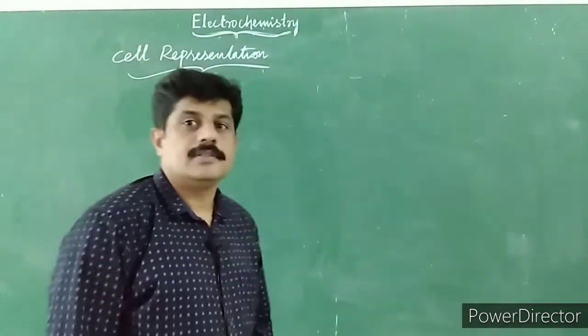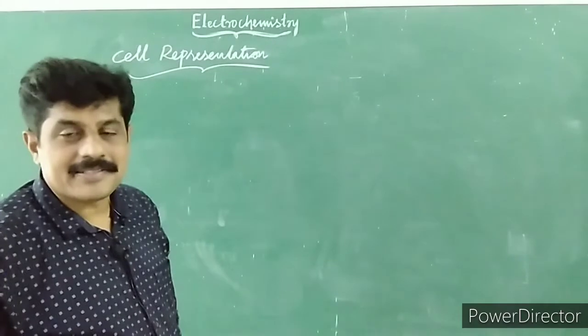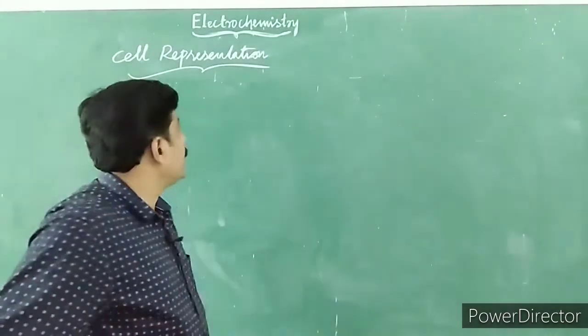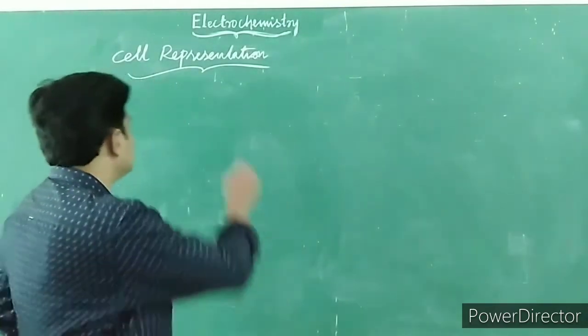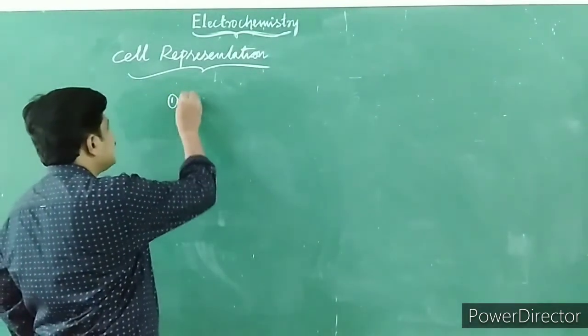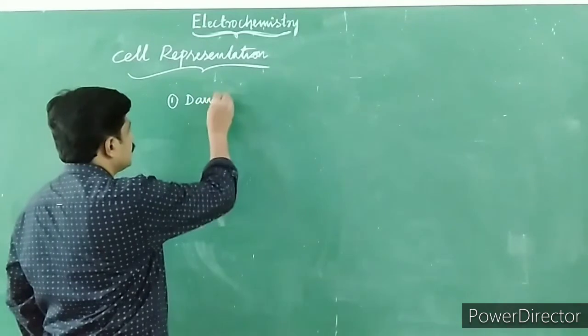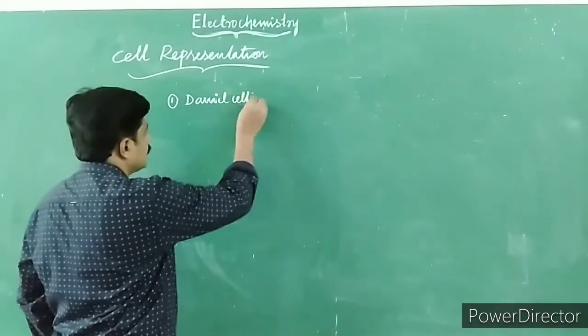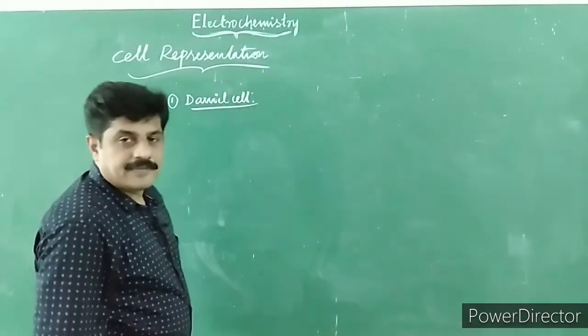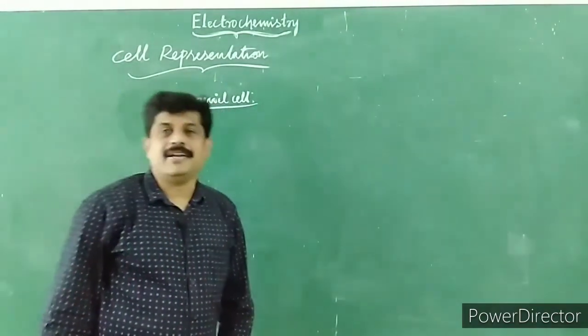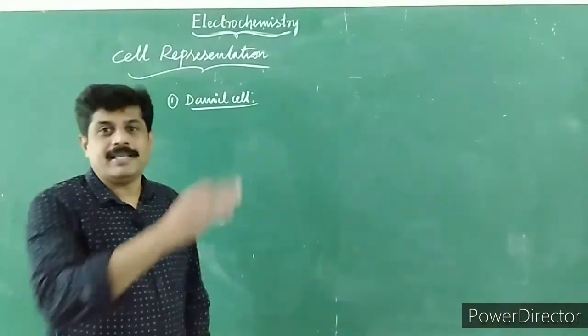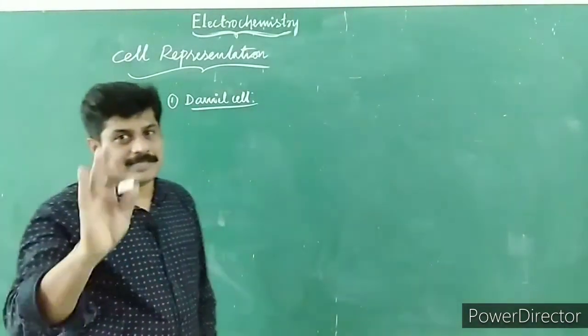Children, let us consider some examples in order to understand cell representation. Let me take up the first one, that is the Daniell cell. First we need to write the oxidation and reduction reactions taking place at the anode and cathode respectively.